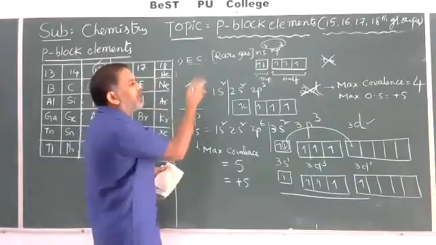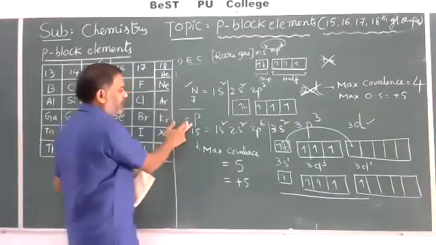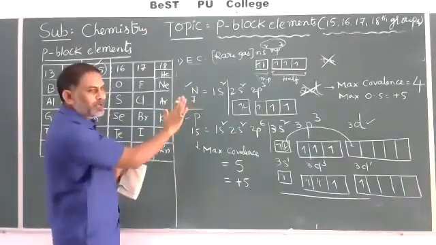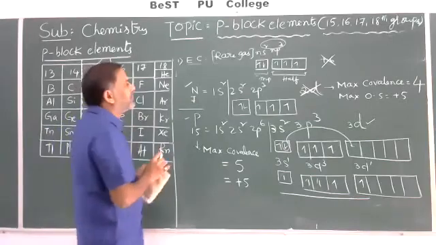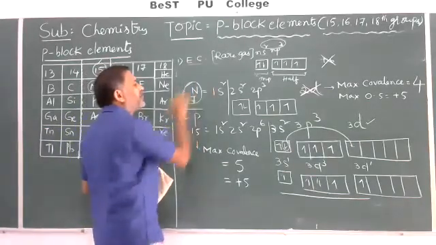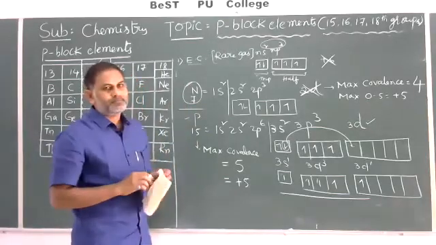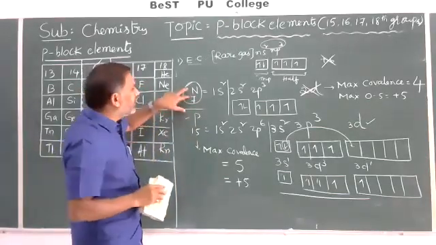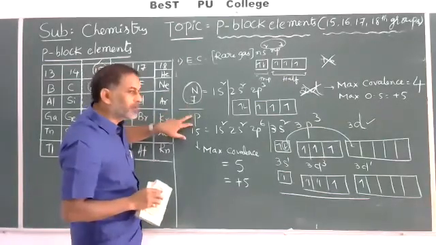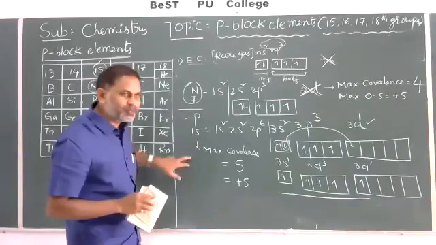So based on this electronic configuration of nitrogen, phosphorus, arsenic, antimony, bismuth, already explained in the last previous class, nitrogen shows some anomalous, peculiar properties. Why does nitrogen show anomalous properties compared to the same family members phosphorus, arsenic, antimony, bismuth?